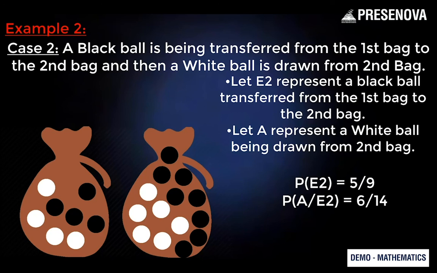If E2 has already occurred, that is, a black ball has been transferred from the first bag to the second bag, then the second bag contains 6 white and 8 black balls. So, P of A given E2 is equal to 6 by 14, where the numerator represents the number of white balls and the denominator represents the total number of balls in bag 2.